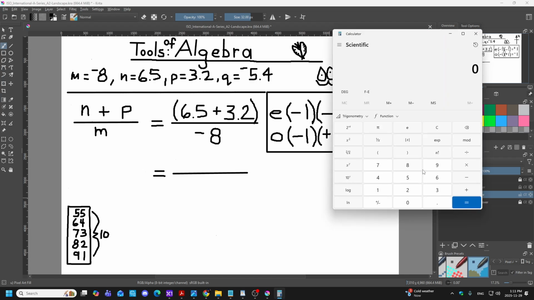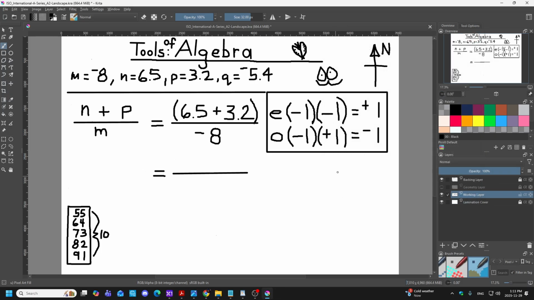Let's continue. 6.5 plus 3.2. As a matter of fact, I don't know why I wouldn't show the work. It's real easy addition. Again, when you're adding or subtracting decimal values, you line up the decimals.